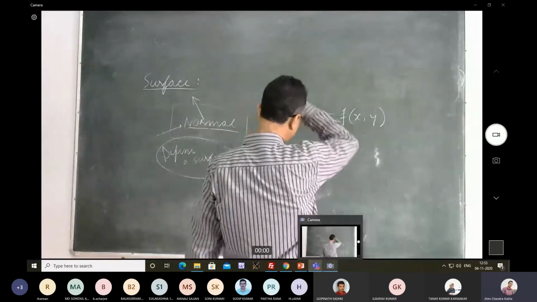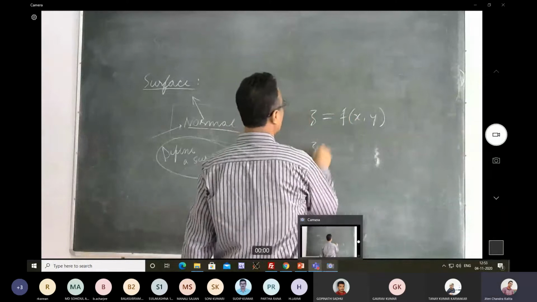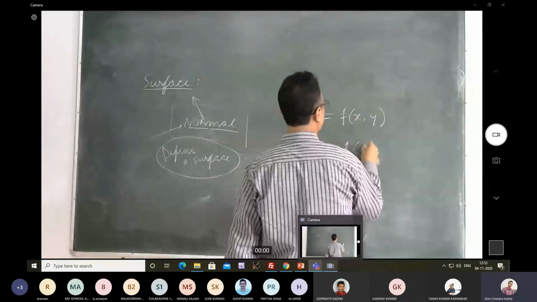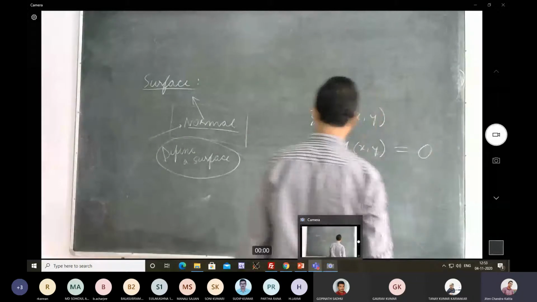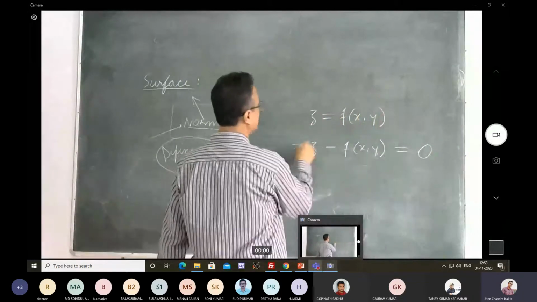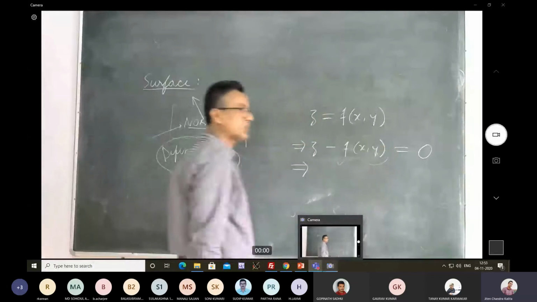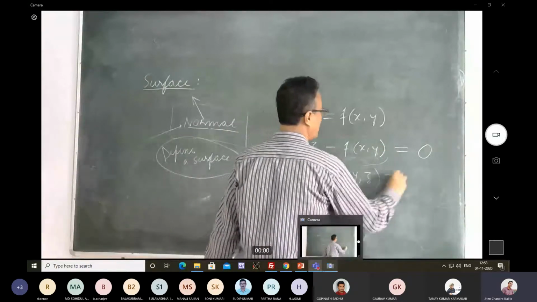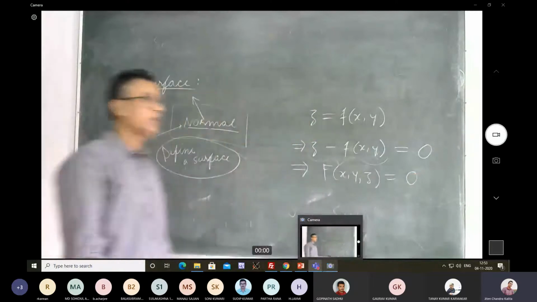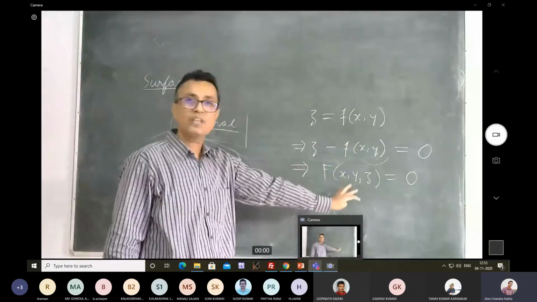I can write it like this, and call it a function of three variables, so f of x, y, z equal to 0. So far, so good, right?